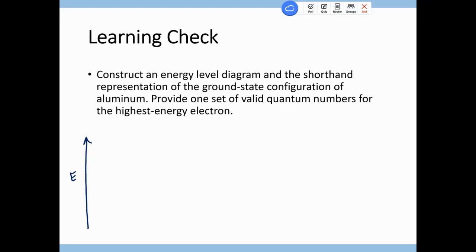And if you want to have a quantum number that describes that. So it goes all the way up to the maximum.